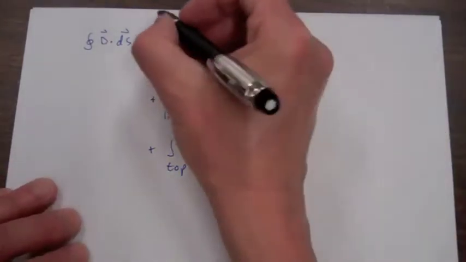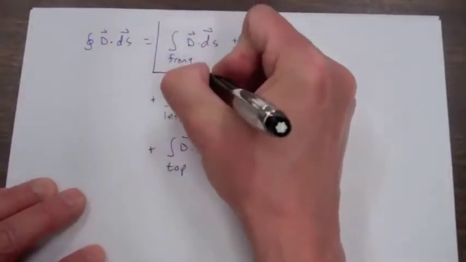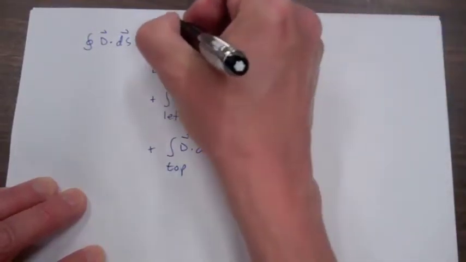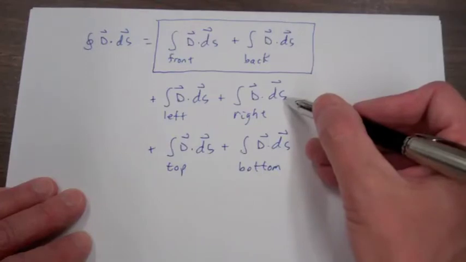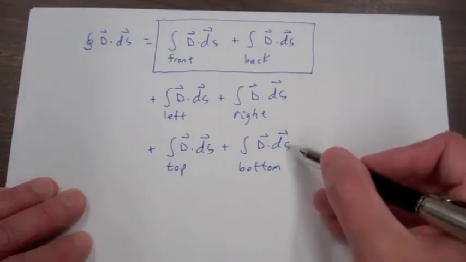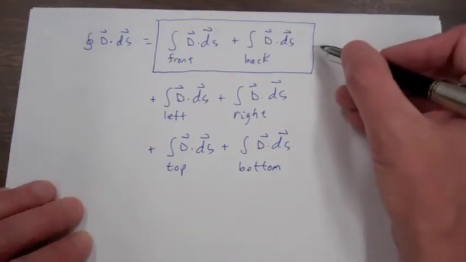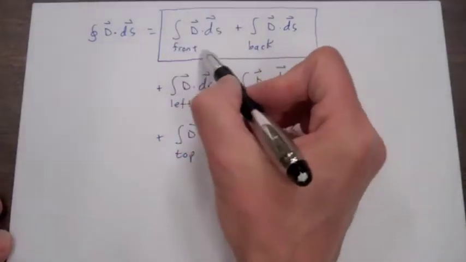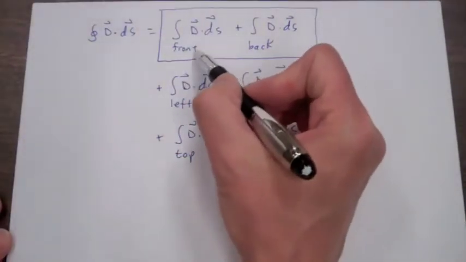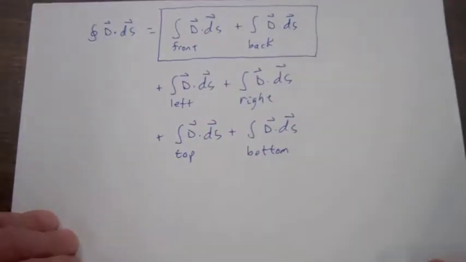So what we're going to do is first determine the sum of these two integrals, and we'll see then we can infer the second and third lines here from our result for the first line. Okay, so let's look at the integral of D dot dS on the front face first.